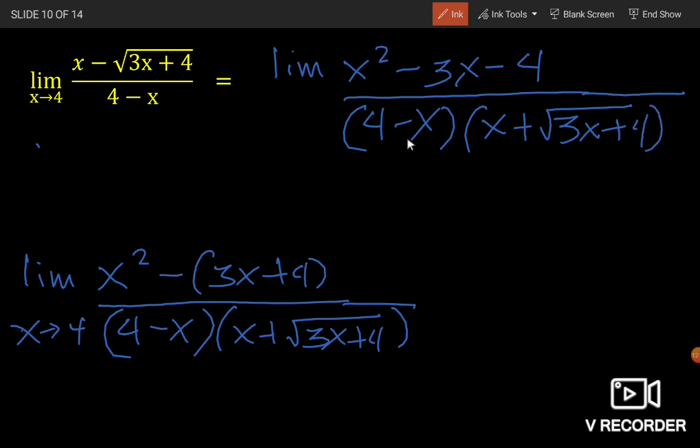Now, don't multiply this, okay? Don't touch this. Don't change this. So x approaches 4. Again, let me clean this up a bit to have more space.